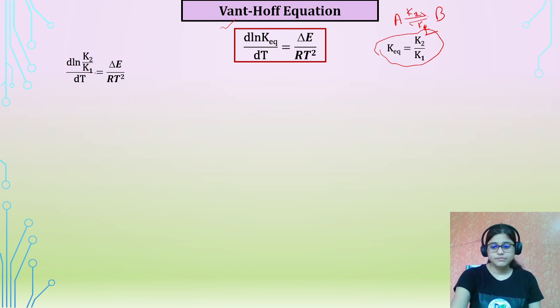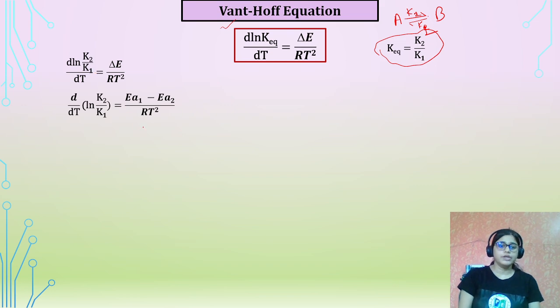K2 by K1. Simple. So now we are taking d/dt outside, and the d/dt will be of the ln K2 by K1. And here we are taking delta E as EA1 and EA2.